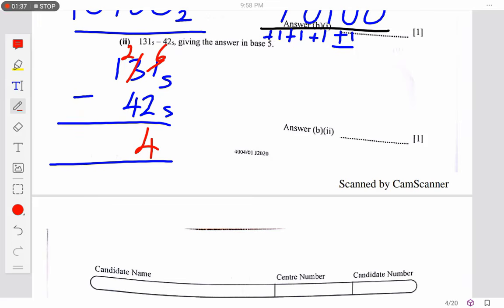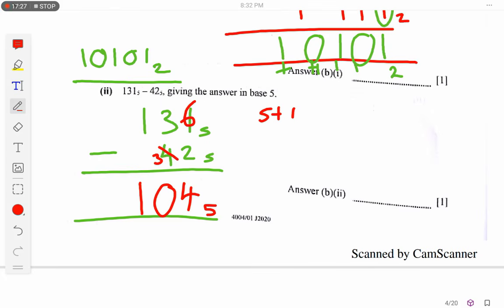Then 2 minus 4 there, it can't, so we borrow a 1 from there and we'll get a 0. 2 plus 5, we get a 7. 7 minus 4 there, we get a 3. So our answer is going to be 34 base 5. So that's how we answer that question. Let's move on.